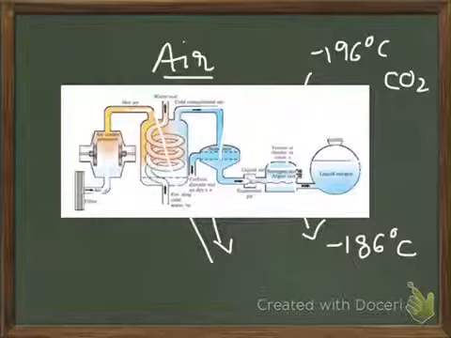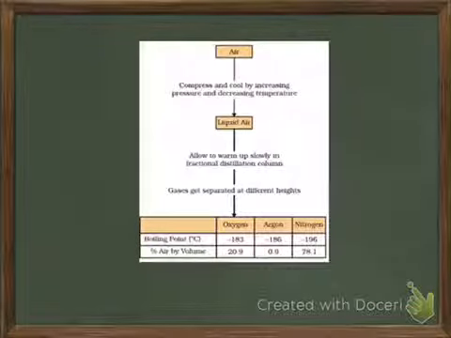Or I'll give you a flowchart form. This is the flowchart form of how different gases from the composition of air can be separated. First, air will be compressed and cooled by increasing pressure and decreasing temperature.